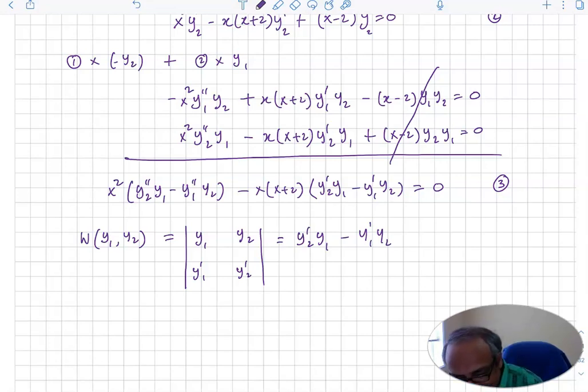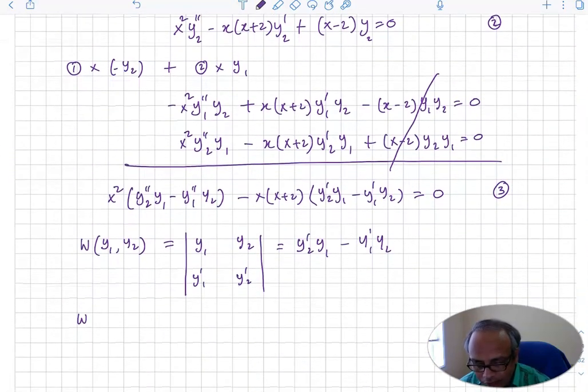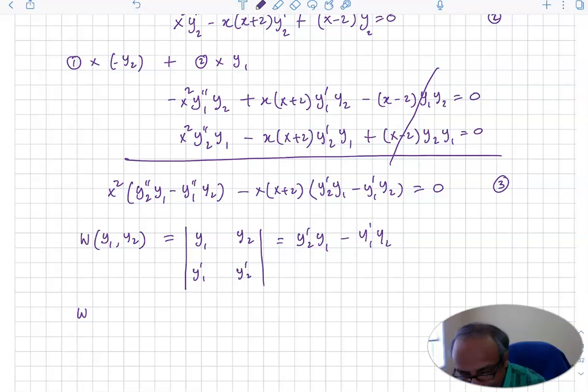So let's first calculate. The Wronskian is a function of y1 and y2, but y1 and y2 are functions of t, or in this case, x. So I'm going to differentiate with respect to x, which gives W prime. I will differentiate term by term.